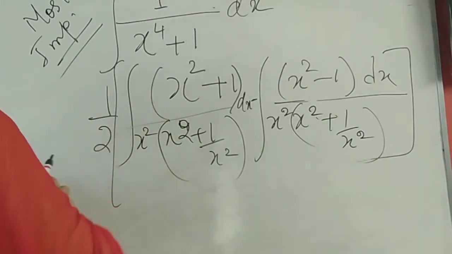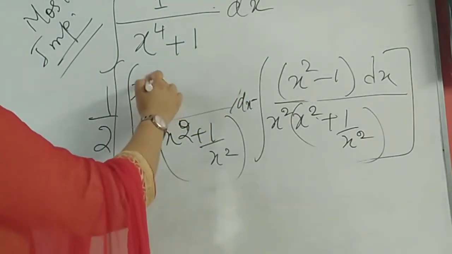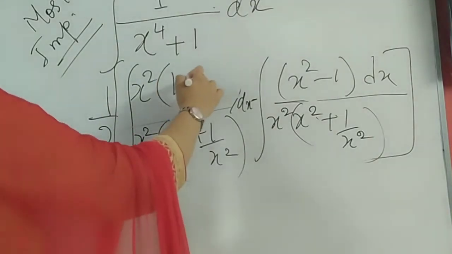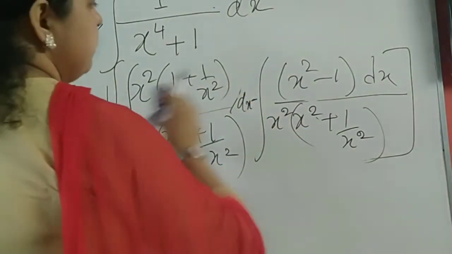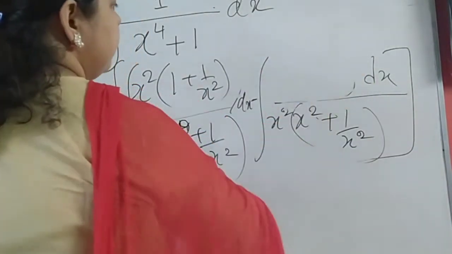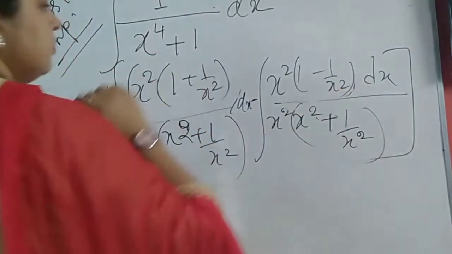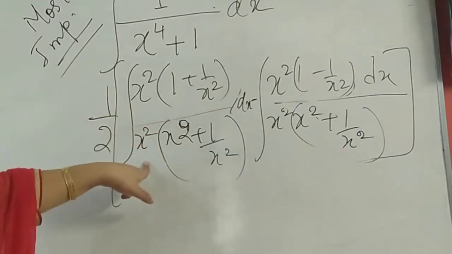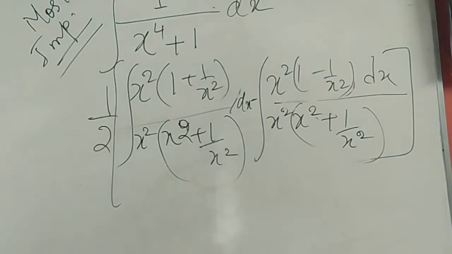Then what are you going to write down here? Here it was x square plus 1. So 1 by 1 plus x square. And x square is common from the numerator. Then see, this x square will cancel with this x square. This x square will cancel with this x square. Now after cancellation, how it will look like?